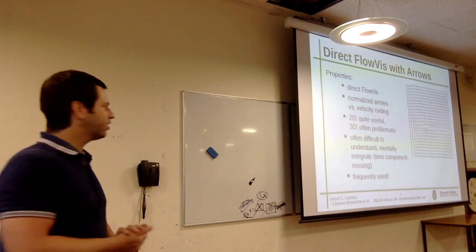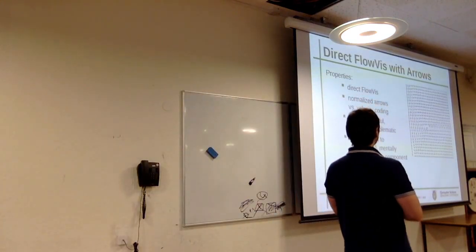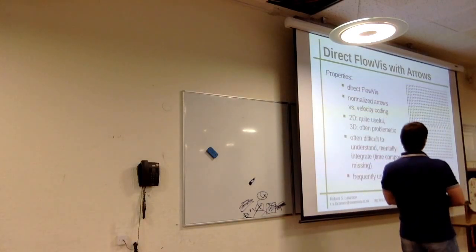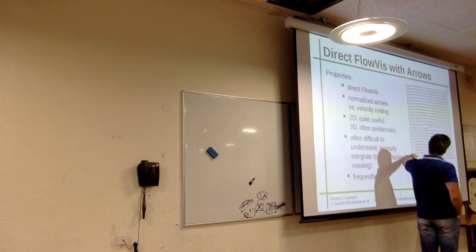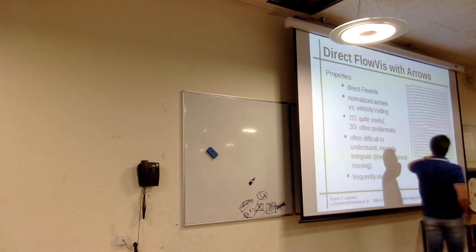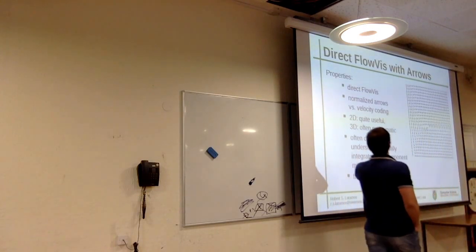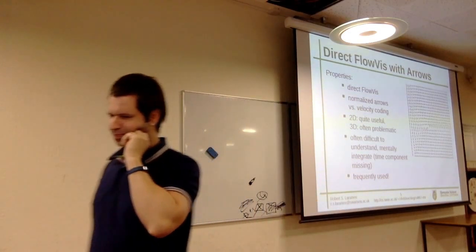So this is a direct flow visualization, just like the one we saw in the video. This is a two-dimensional vector field, and there's an arrow placed at every vector in the two-dimensional field, right? And that's a visualization of the two-dimensional flow, right? Very common.